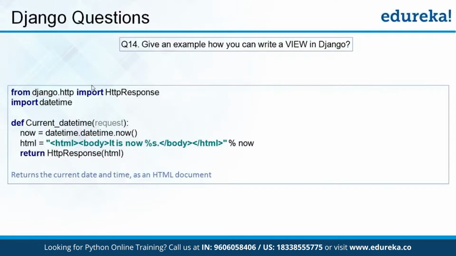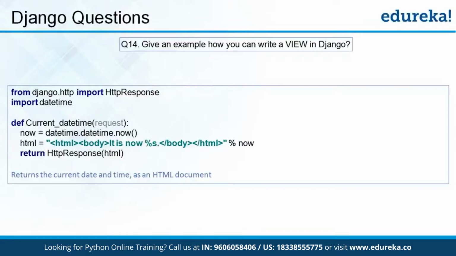An example is like this. You have a views.py file where you put from django.http import HttpResponse, because you are going to give out an HTTP response, and import datetime. What this particular view does is return the current date and time as an HTML document.